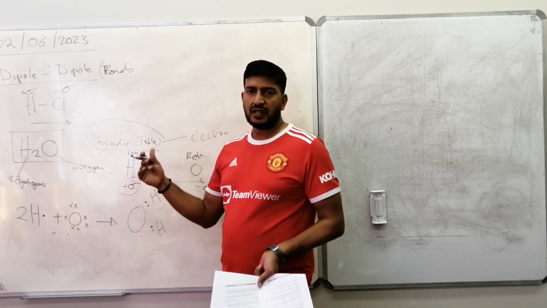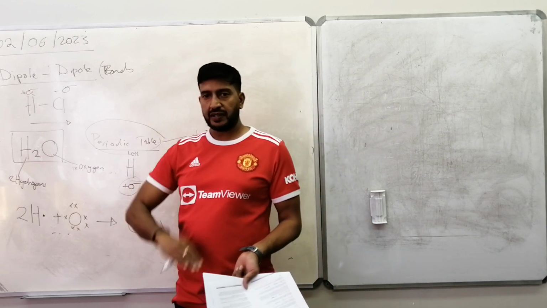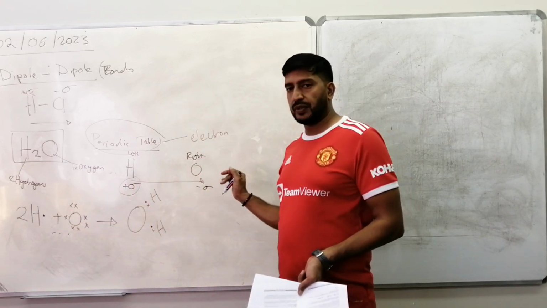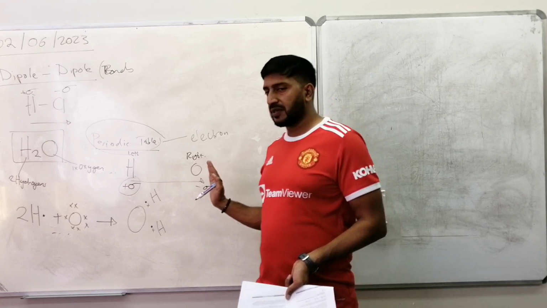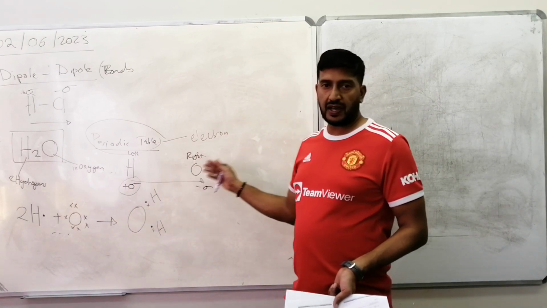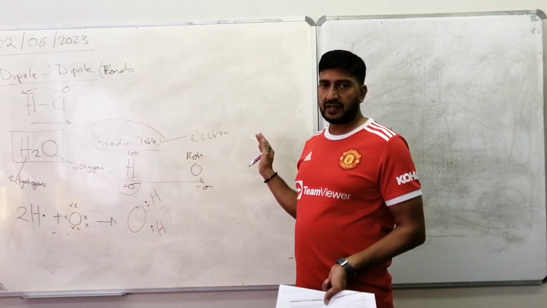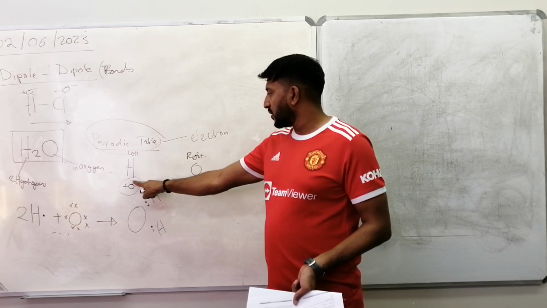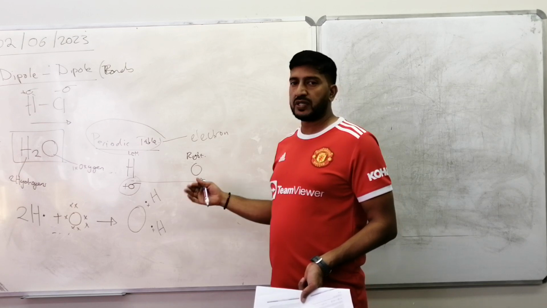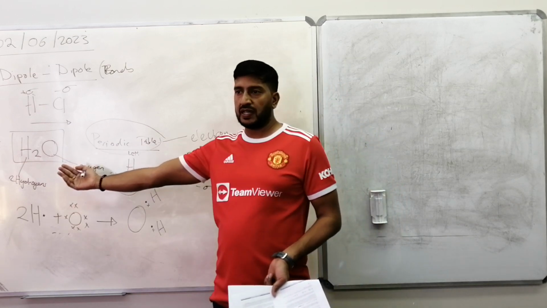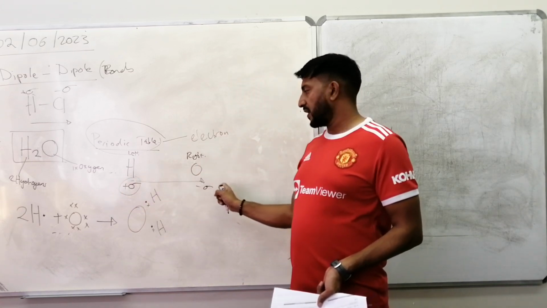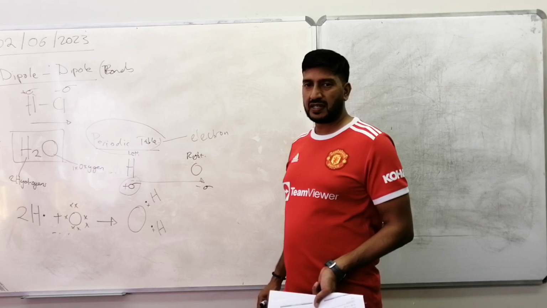Like the world has a north pole and a south pole, in the periodic table all the elements on the far left are positive and the ones on the far right are negative. That's why I drew this arrow. When you move from left to right, you move from positive to negative. Whichever lies further to the left will be positive, and the one on the right-hand side will be negative. Do you understand?